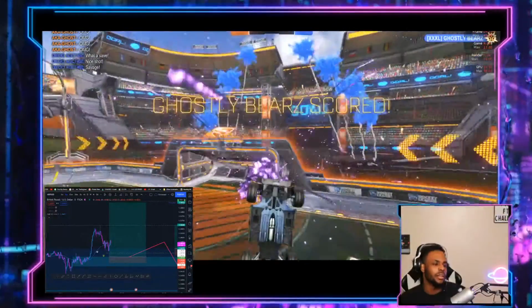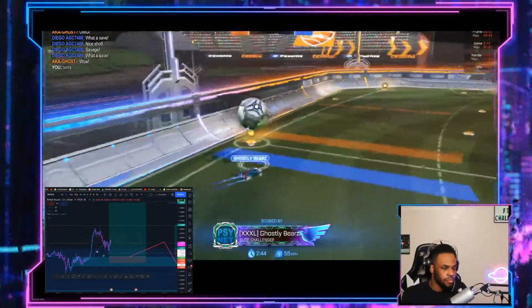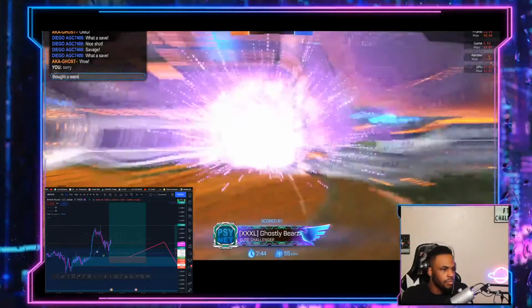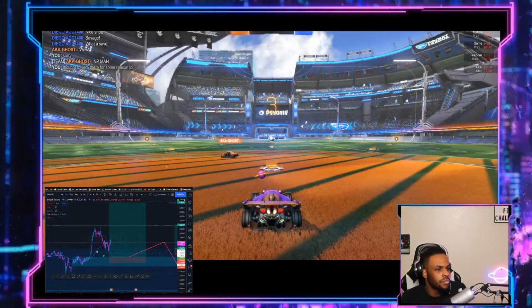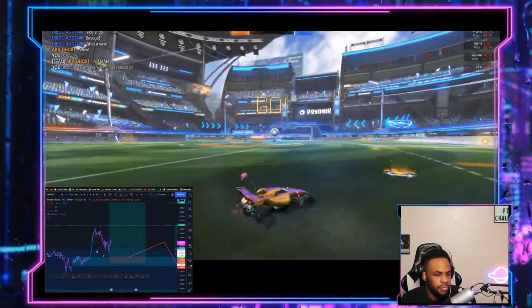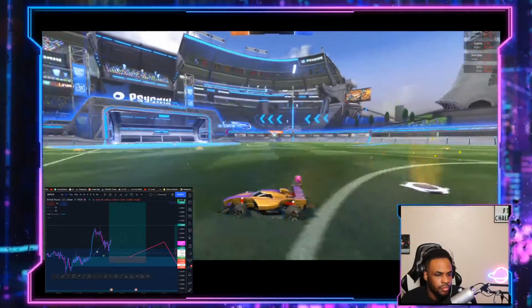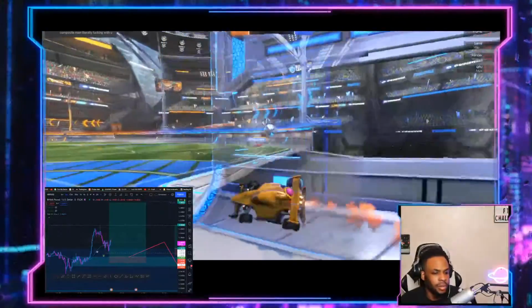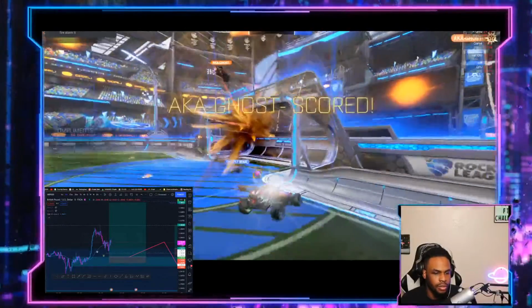I don't know why I thought teammate was there. I keep thinking the ball isn't getting there, and then I pull back. Nice.